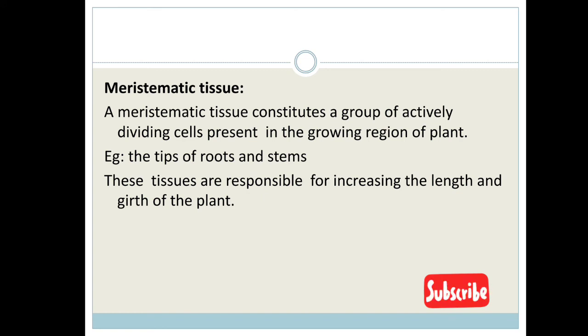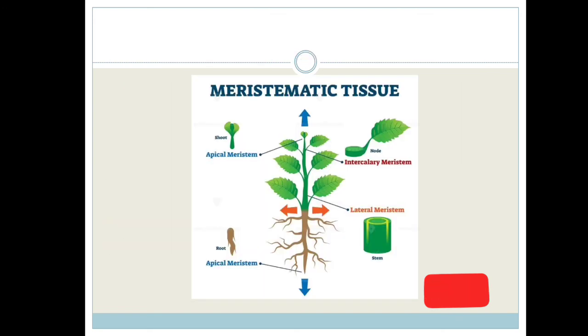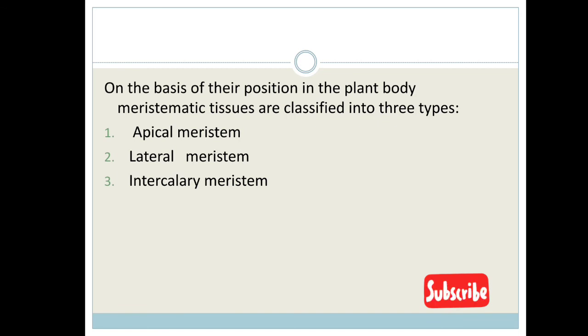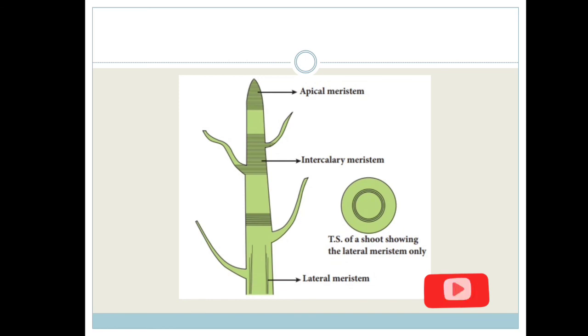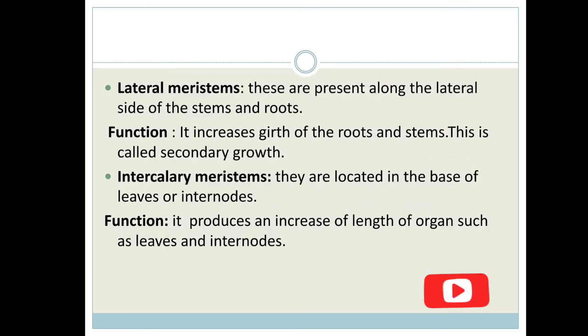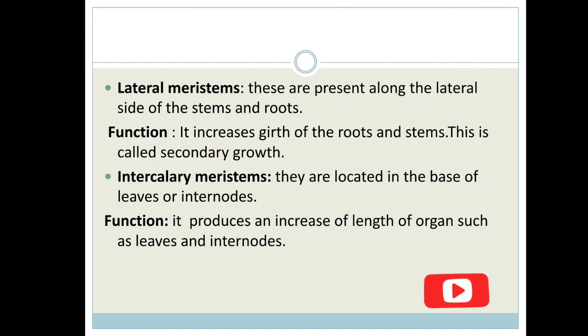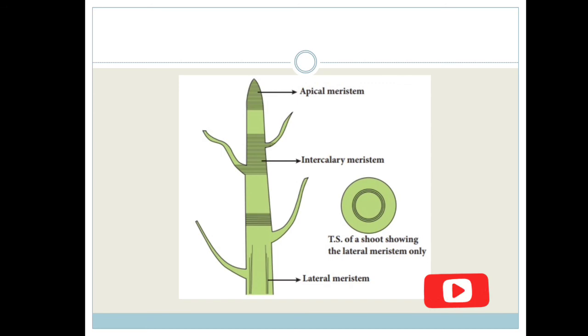It is broadly classified into 3 main types on the basis of position in the plant body. The apical meristem is present in the tips of roots and stem. The intercalary meristem is present at the base of internodes and leaves. And the lateral meristem is present on the lateral sides of the roots and stem.